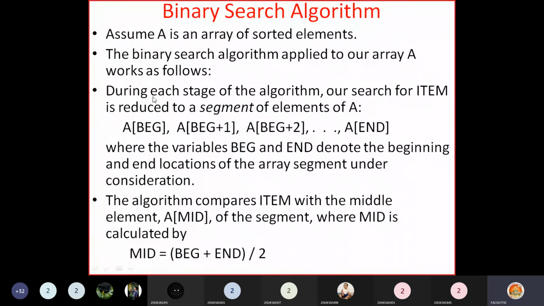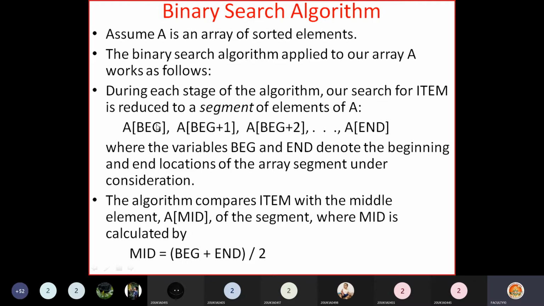Now see here. During each stage of the algorithm, in our search for an item, assume item is the element to be searched, your array A will be reduced to a segment of elements. Initially your array will be denoted like this: A of beginning, A of beginning plus 1, A of beginning plus 2, and so on up to A of end, where the variables beginning and end denote the beginning location and the end location of the array segment.